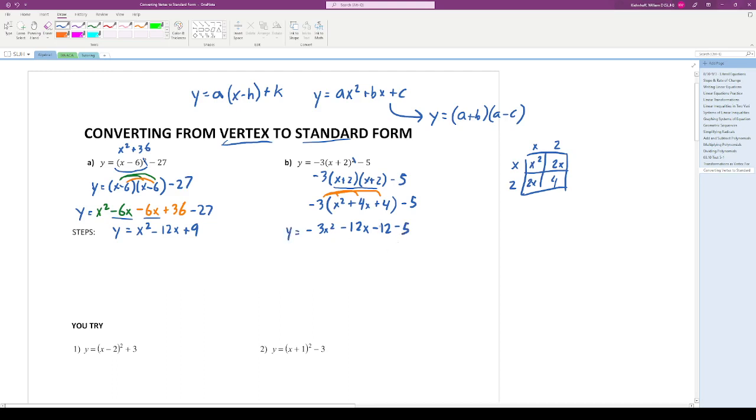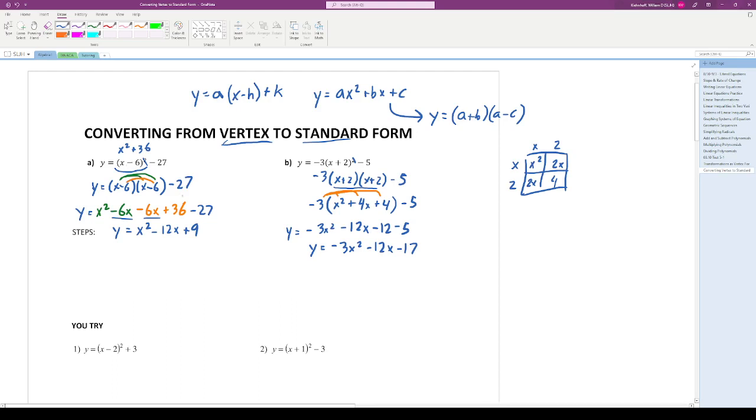So I just need to combine my two constants, and our final answer will be y equals negative 3x squared minus 12x minus 17.